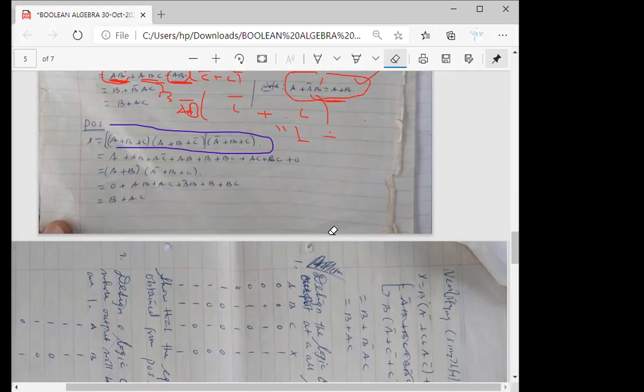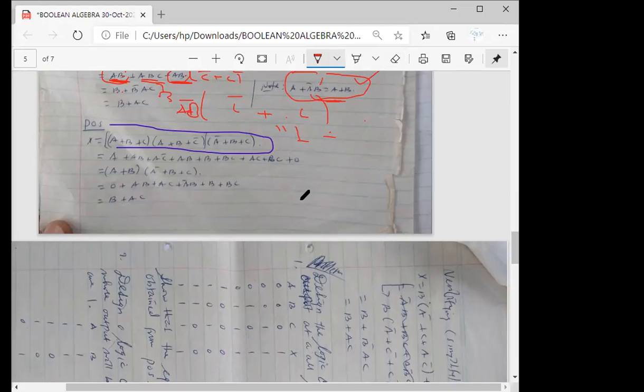So in any case, the product of sums and sum of products should give us the same answer. Correct. The POS and SOP are identities. What we are saying is that the results from the look-up may not be the same.